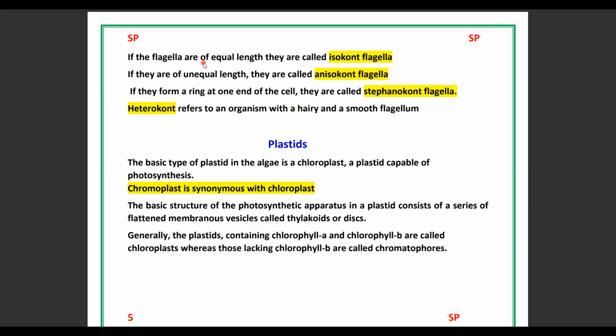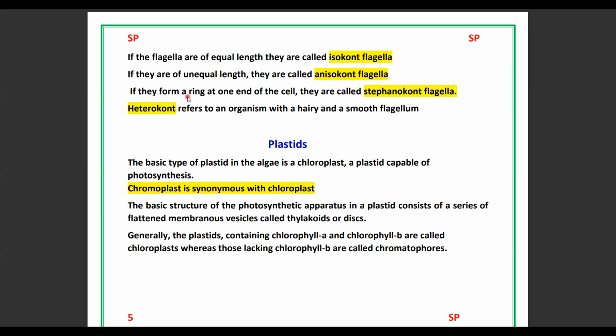If the flagella are of equal length, they are called isokont. So if both flagella are of the same height, they are called isokont. If they are unequal in length, they are called anisokont. That means on the cell, one flagellum is very long and the other is very short. So both are unequal, and they are called anisokont flagella.